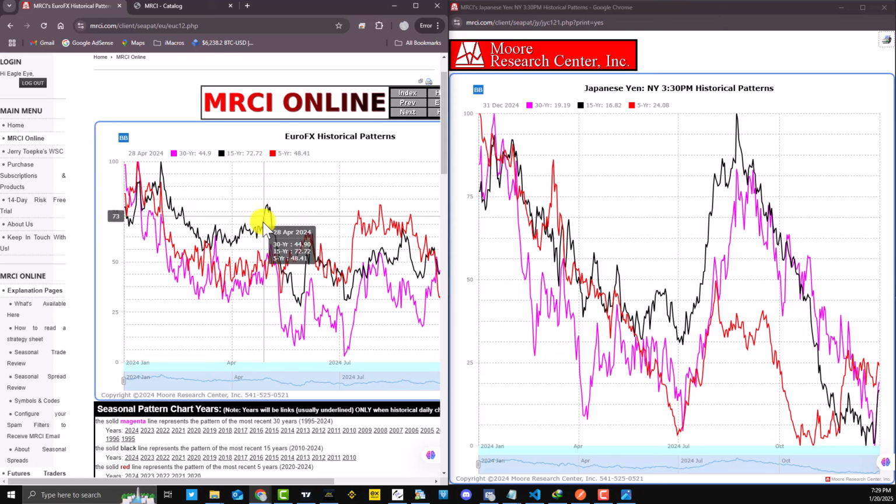Wherever I move the cursor to, I get the live updates. So from April to the 1st of May, you see the euro is rallying. They are all rallying. If you take a look at the 15-year, only the 5-year is giving us some kind of indecisiveness, but the 30-year is on our side, so you can have a higher probability on the euro to rally.